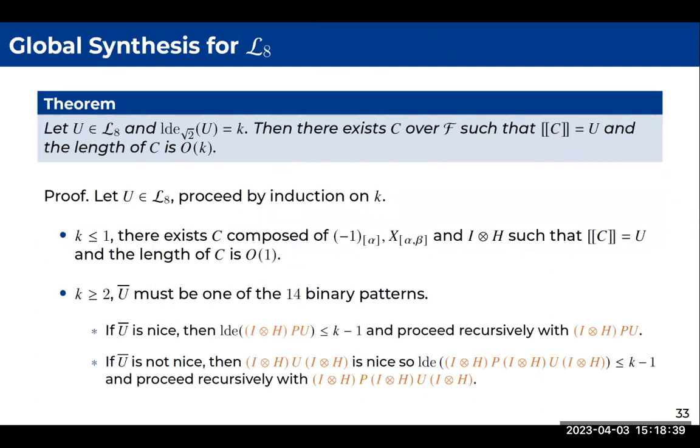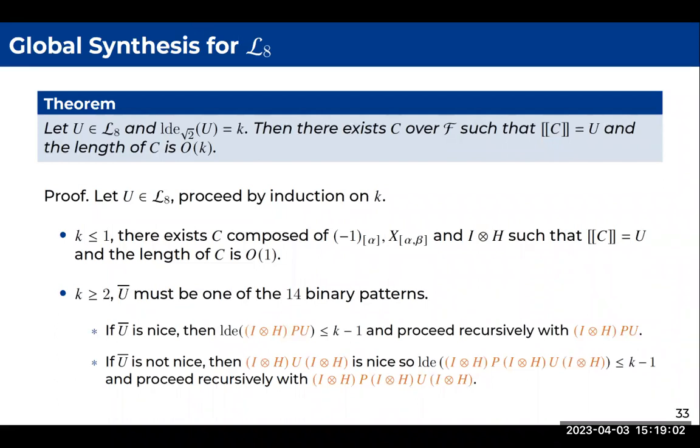So in summary, if you have an element from the group L8, then what you can do is first factor out 1 over square root 2 to the power of k, where k is the matrix LDE, and then look at its binary pattern. Now we can perform the synthesis by induction on k.